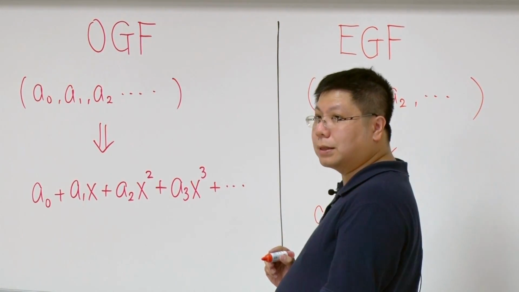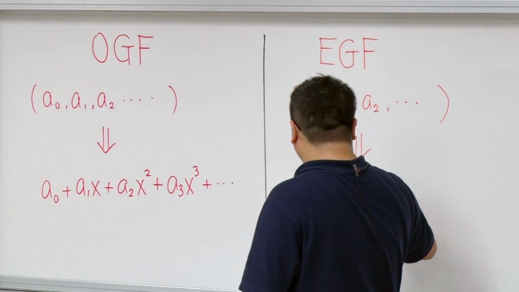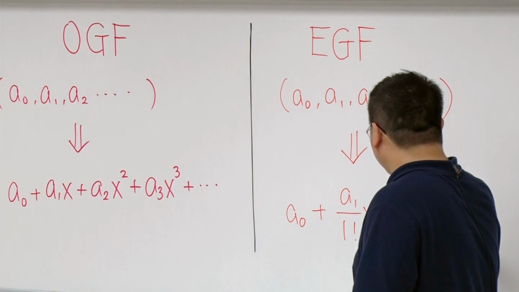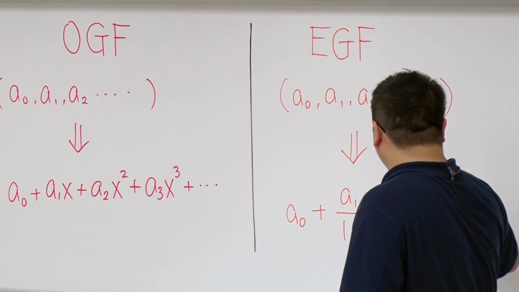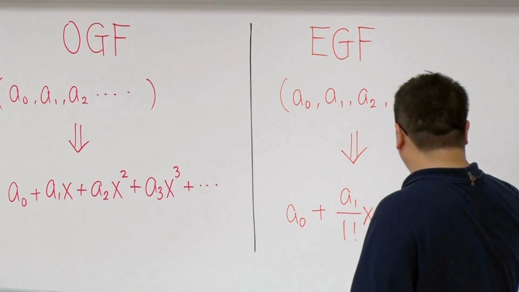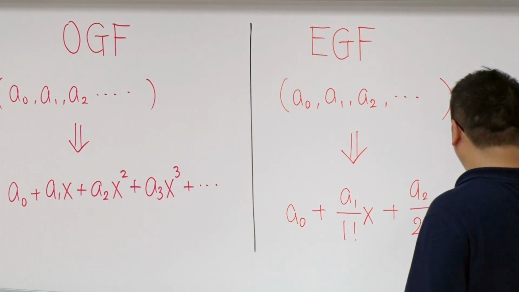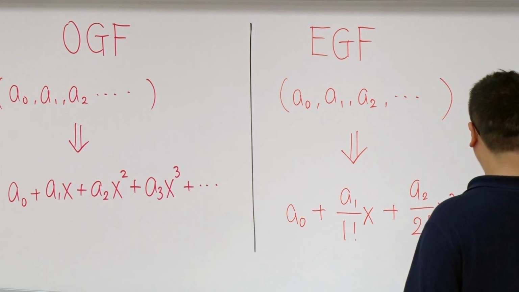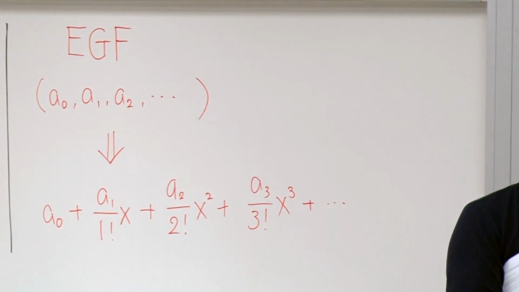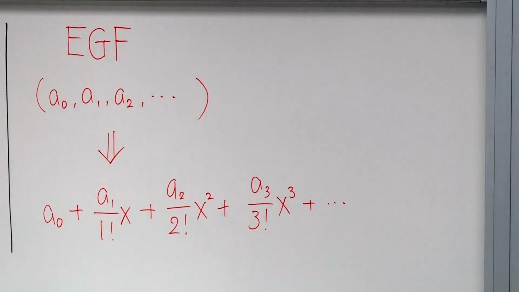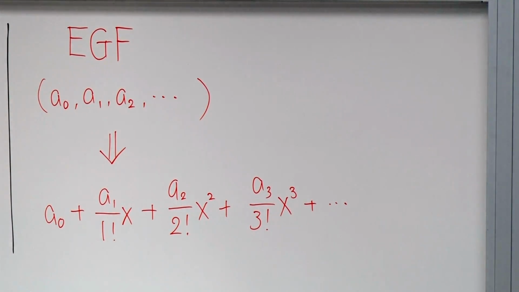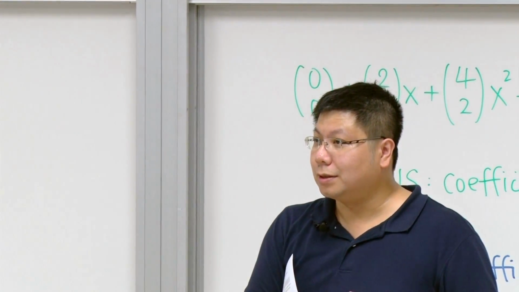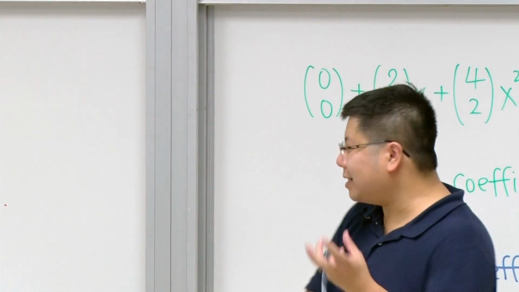We will make A0 the same as A0, plus A1 divided by 1 factorial times x, plus A2 divided by 2 factorial times x squared, plus A3 divided by 3 factorial times x cubed, and so on and so forth. Is that okay? Strange. But later, we will see that it is really useful when we are solving the counting problem for permutations. Is that okay? Okay, let's do some practice first.